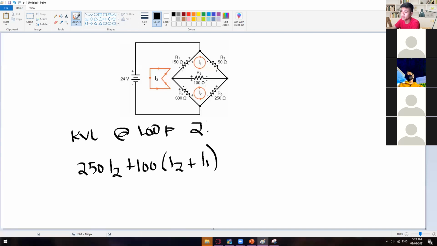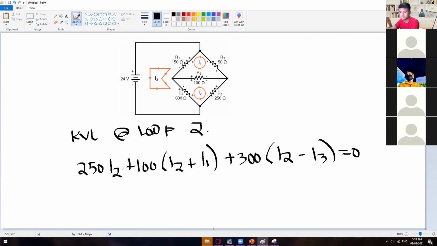We have I1 and I2, which affect R sub 3, which is 100. And then for the last one, we have positive 300 times I sub 2 minus I sub 3. We now have a minus sign because they have different symbols. Equal to 0.